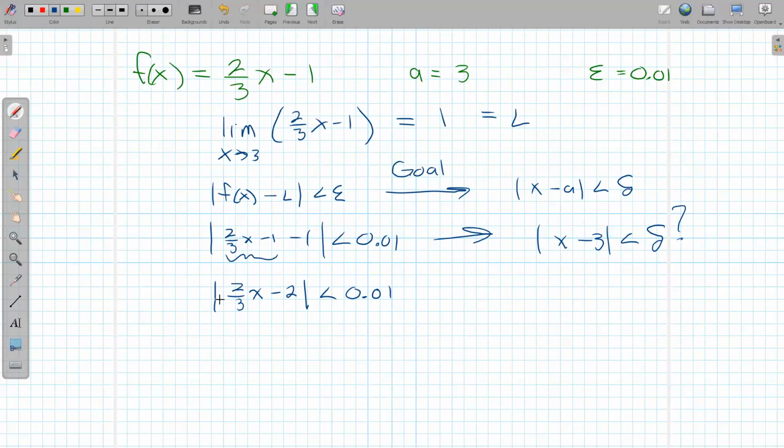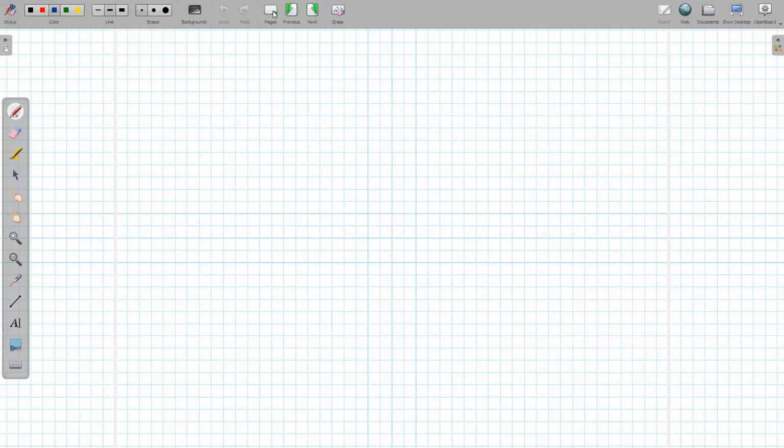Last time I didn't get rid of the inequality. This time I'm going to. So hopefully you remember dealing with inequalities from your algebra days. If you have an inequality that is a less than something, and we do, we have absolute value of 2/3 x minus 2 is less than 0.01.